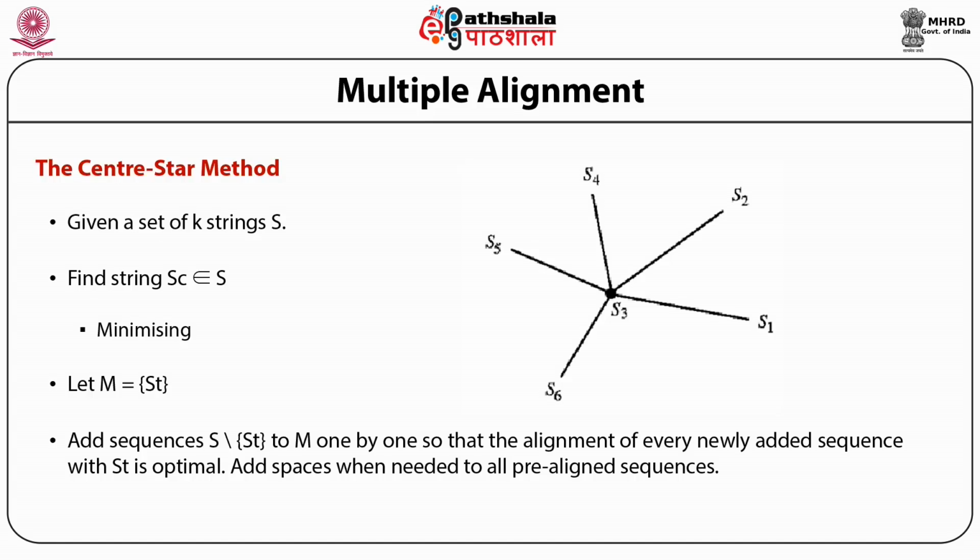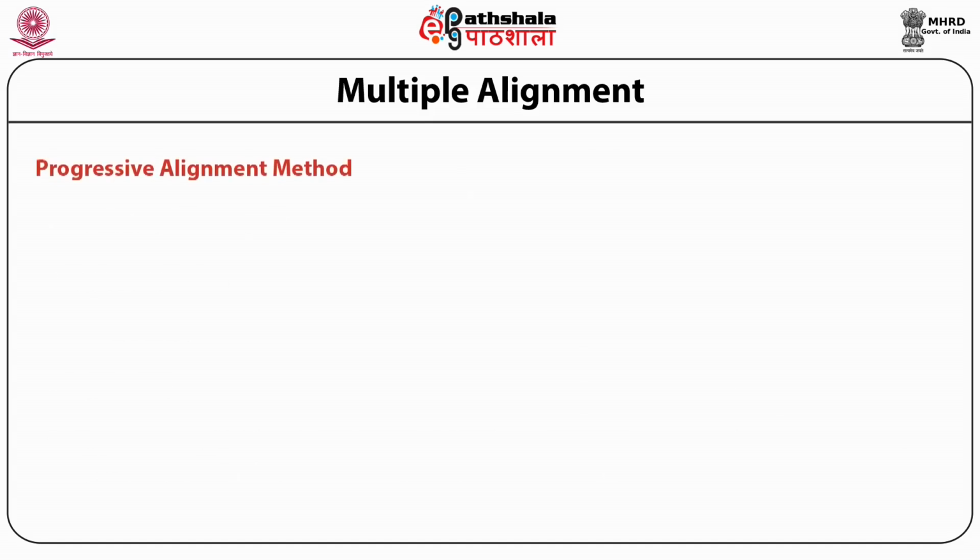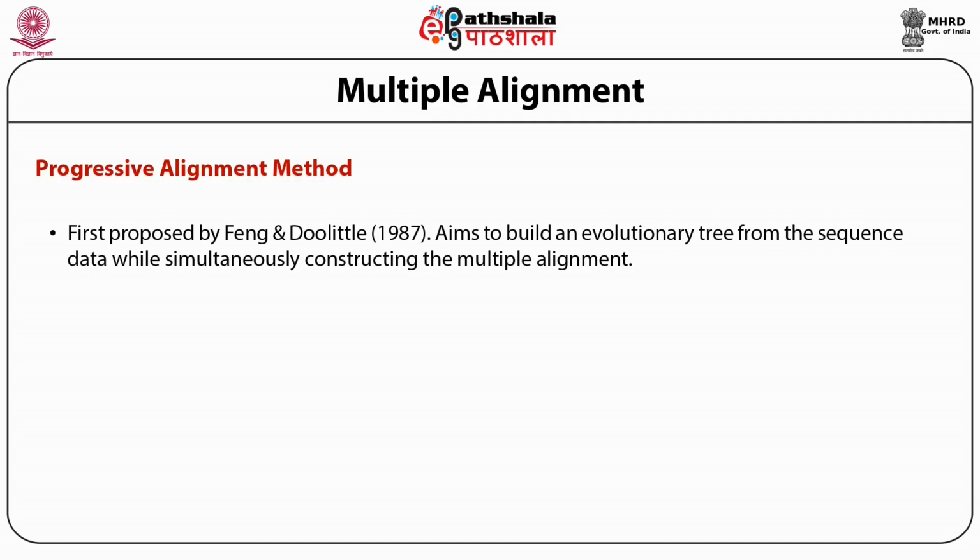The trouble with this method is that if you have a large number of sequences, there are a very large number of orders or permutations of those sequences. So while this technique is good, it becomes quite difficult to implement in real life cases. Another approach, in fact currently perhaps the most popular approach being followed, was first proposed by Feng and Doolittle in 1987.